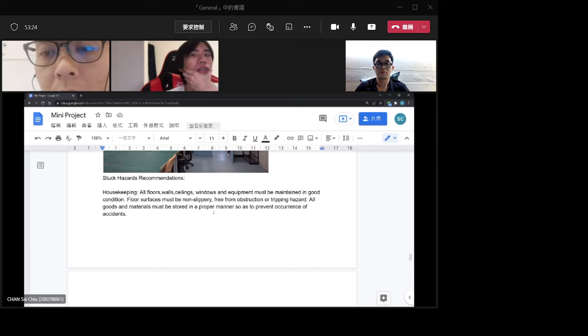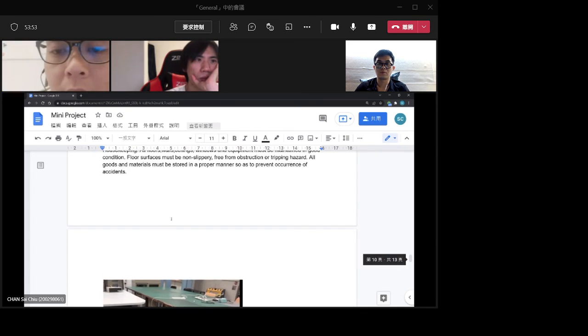Floor surface must not be slippery, and free from obstruction or tripping hazards. All goods and materials must be stored in a proper manner so as to prevent occurrence of accidents.